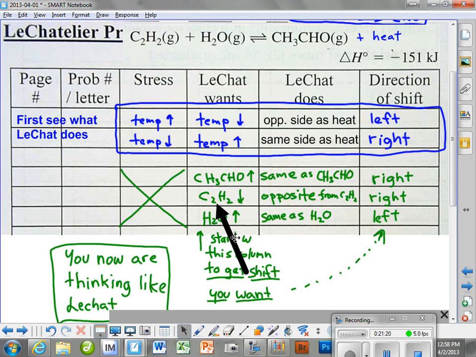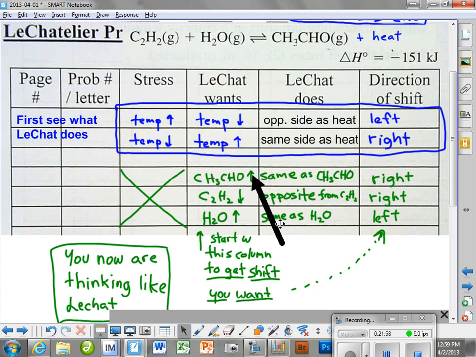So down here, when I say C2H2 down, this guy's on the left side, and down always means opposite to Le Chat, and opposite of the C2H2 being on the left would be a right shift. So if I want Le Chat to do a right shift, I'm going to cool the reaction mixture. Isn't that neat?